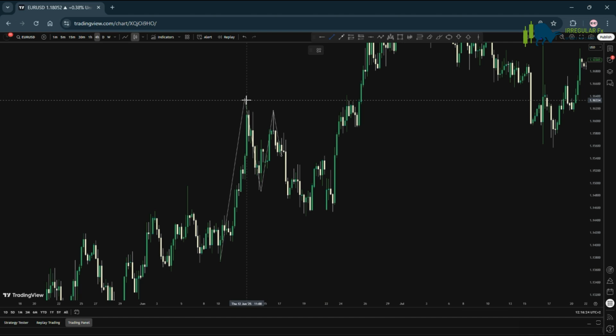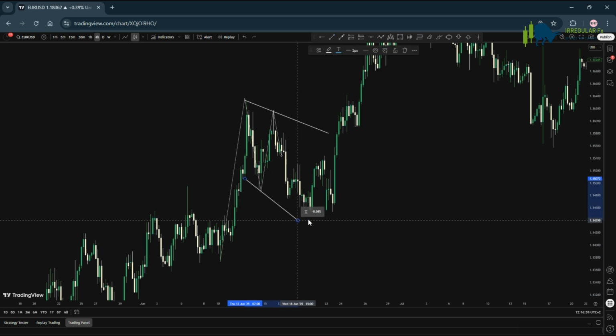After constructing them, we go to our trend line again, we construct the supporting trend line. So here was our first low, then our second low was over here, then we wait for the third touch.